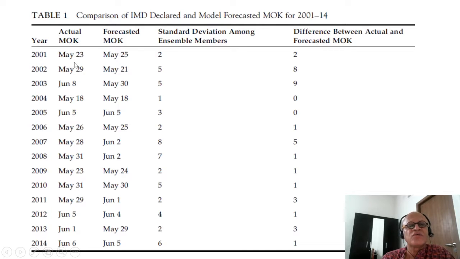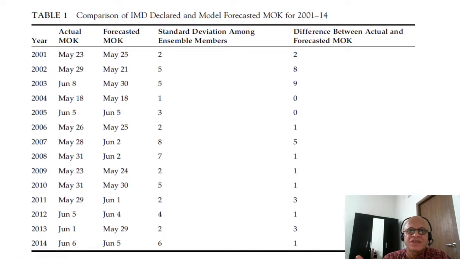So in 2001, the difference was 2 days, and the ensemble standard deviation was also 2. In 2002, the standard deviation was 5 and the difference was 8. In 2003, the standard deviation is 5 and the difference was 9. So essentially it is sometimes completely in agreement with the IMD declared onset, which is the observation.